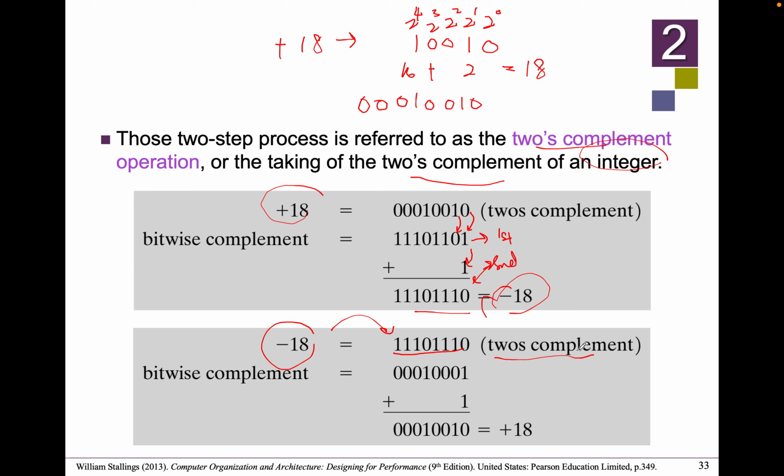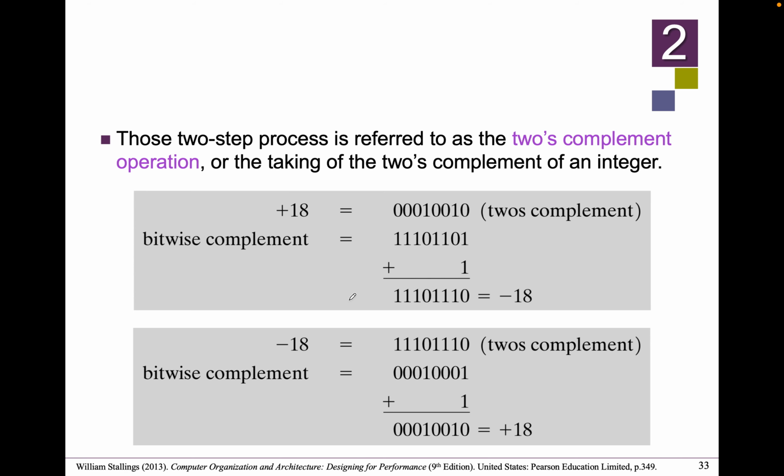So what happens when you have a bitwise complement? What is basically a bitwise complement? You notice that after this you change back. When you apply the second complement again, similar things to negative numbers. This one is our negative 18, you can see. Then you apply back the first complement method, 0 to 1, 1 to 0, 1 to 0, 1 to 0, 0 to 1, 1 to 0, 1 to 0, 1 to 0.